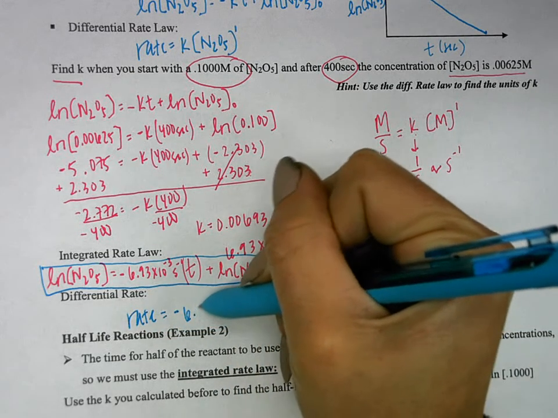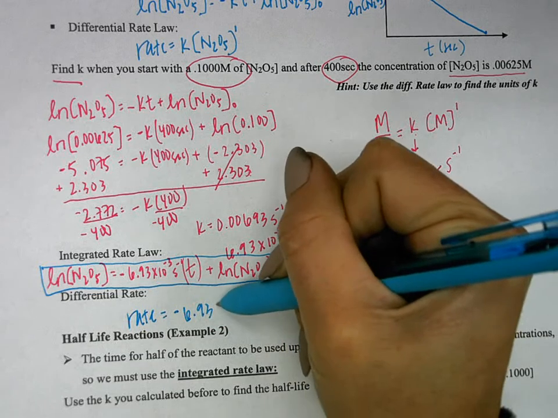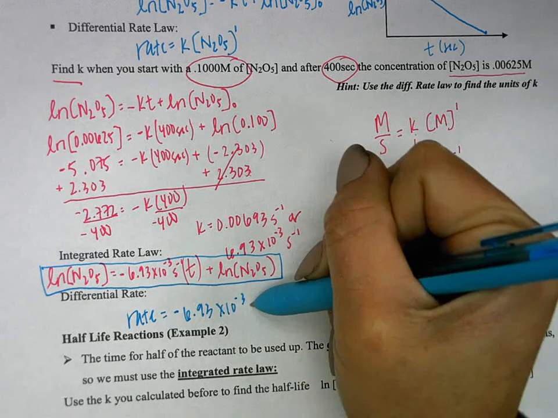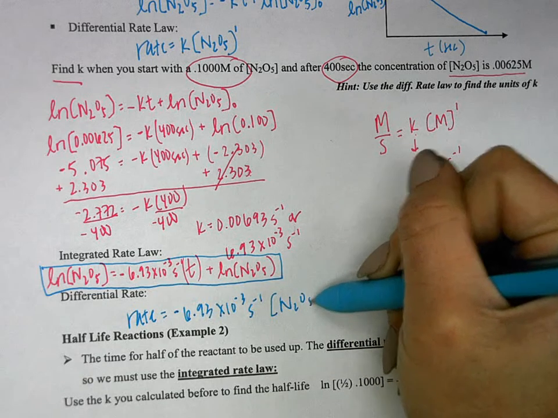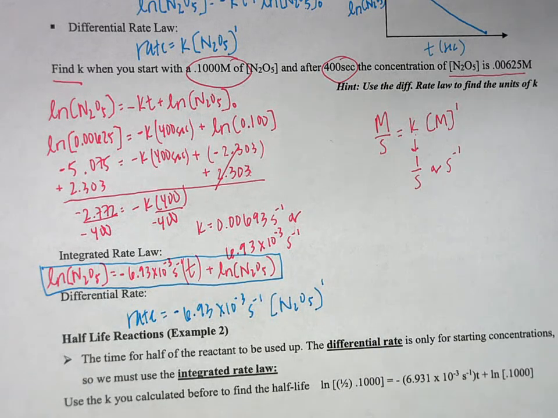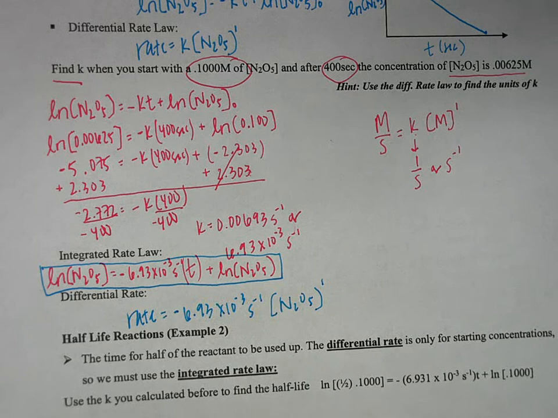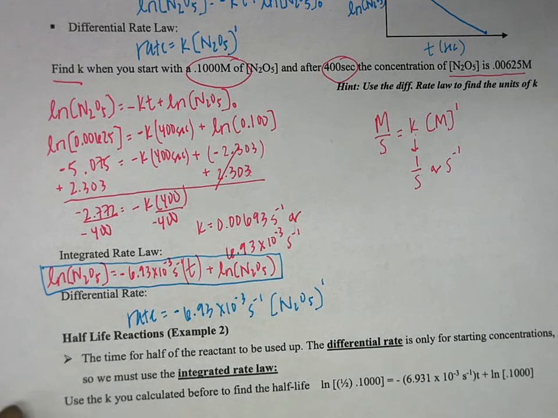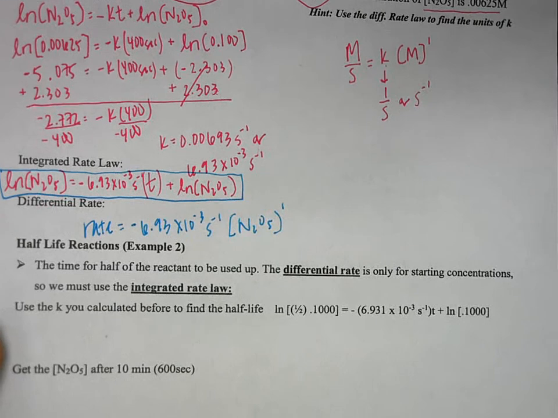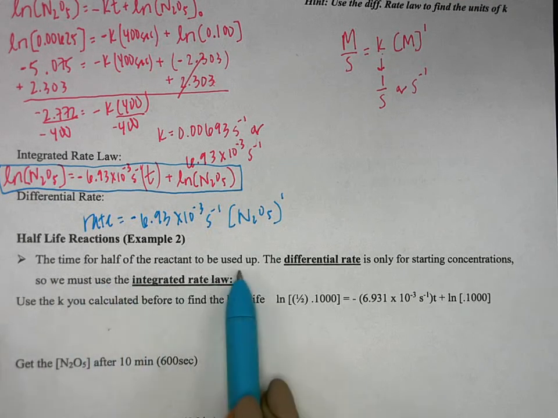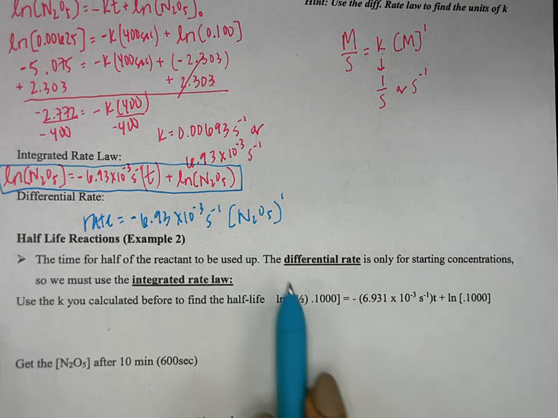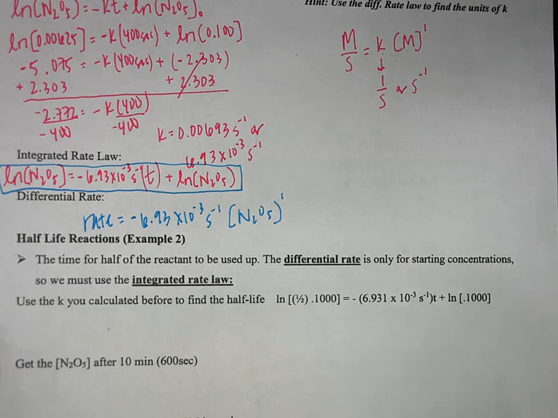negative 6.93 times 10 to the negative third seconds to the negative 1 times the concentration of N2O5 raised to the first power. Alright, so moving on, if we were going to do half-life for our first order, again, the time for half the reactant to be used up, our differential rate law is only for starting concentrations and has no time in it, so we're not using that.